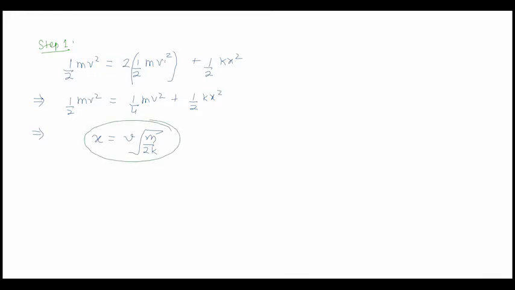Or I can use one more method to solve it, which is a much simpler approach. We can solve it in the C frame. If I apply the C frame equation, I will write it as half mu v relative square is equal to half k x square, and we can write it as half m by 2 u square is equal to half k x square.